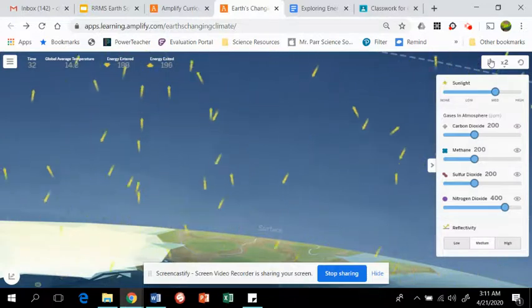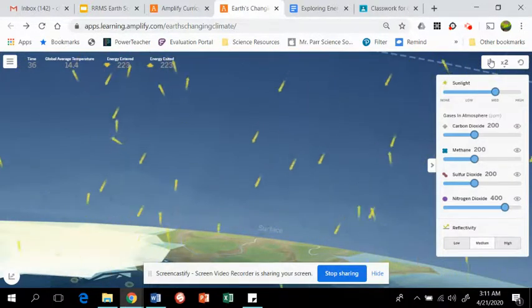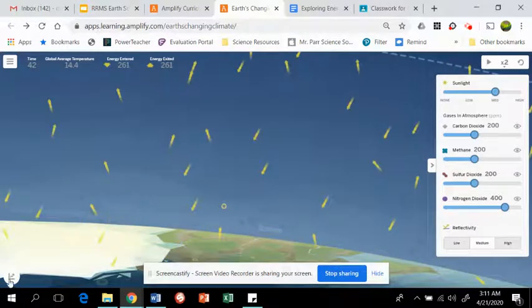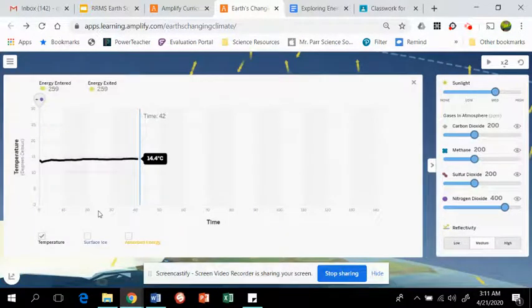So I'm going to let it run to about 40, like I've done with the other ones. Pause it there. All right, so the temperature almost looks like it stayed the same. If there's any kind of change, it's very minor.